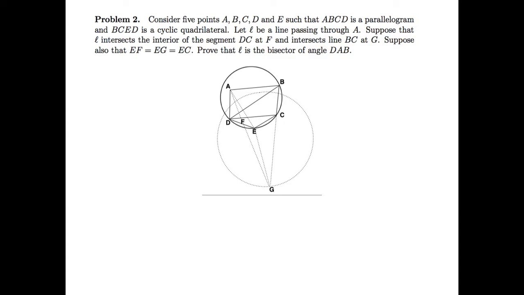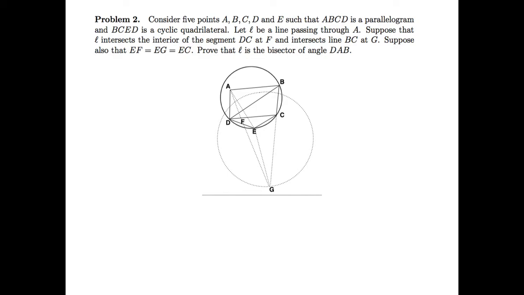So today we are going to solve this problem. Let's read the problem aloud. Consider 5 points A, B, C, D and E such that ABCD is a parallelogram that is already drawn out there. Inside the circle you can see ABCD and a cyclic quadrilateral is also drawn.